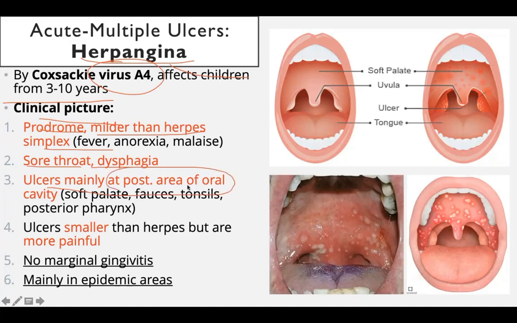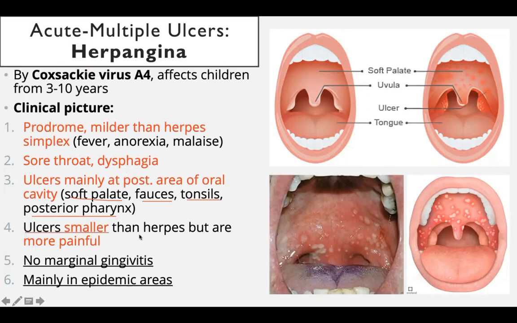So in herpes simplex virus, the area involved was anterior area. And here, the posterior area of the oral cavity is involved, which includes soft palate, uvula, fauces, tonsils, and posterior pharynx. So what are these? Soft palate and uvula, fauces, tonsils, and posterior pharynx.